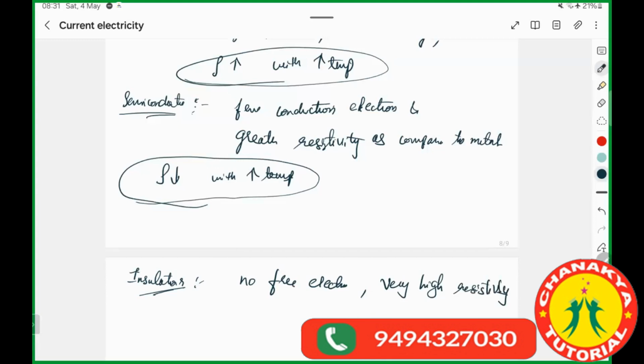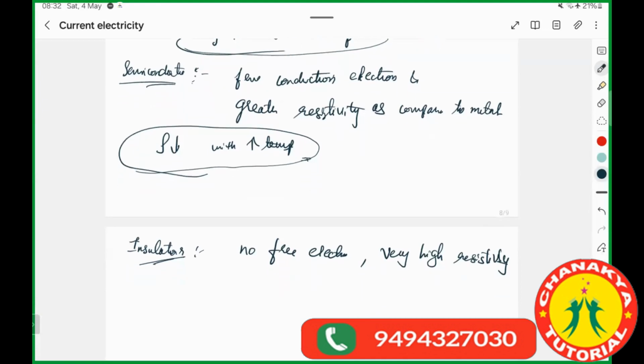There's no effect of temperature. For example, we can say mica and rubber.